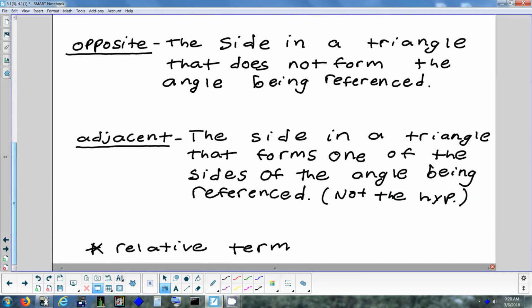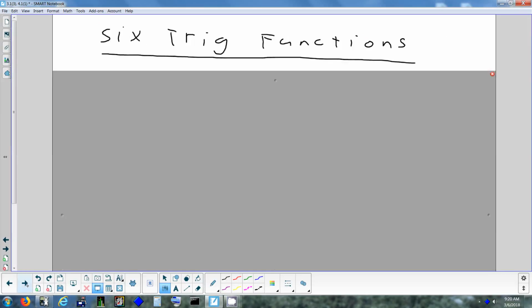Now that we have an idea of what those mean, I can define for you the 6 trig functions using those terms. So we did this before as sine was y, cosine was x, tangent was y over x.